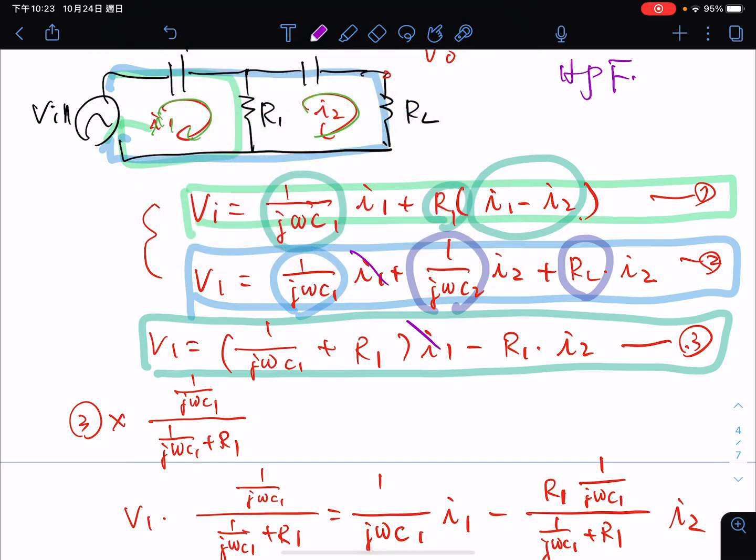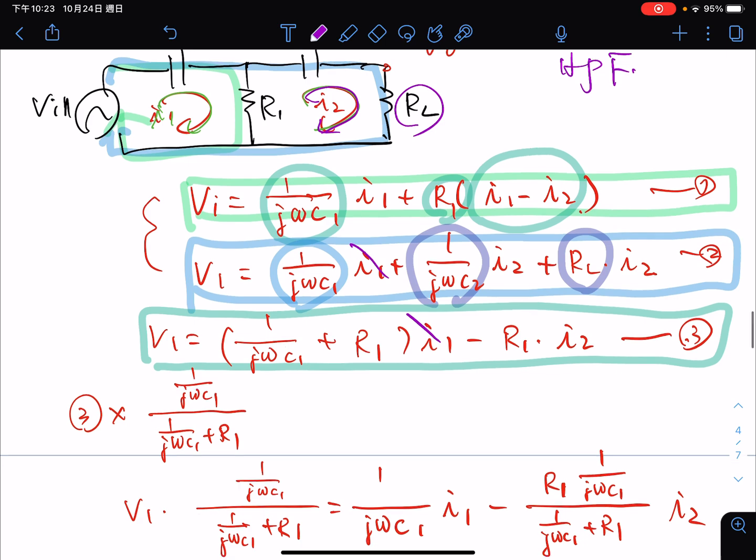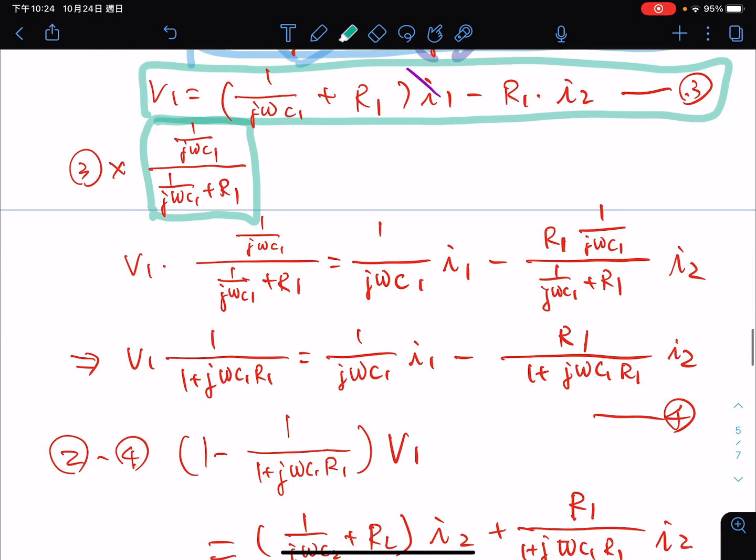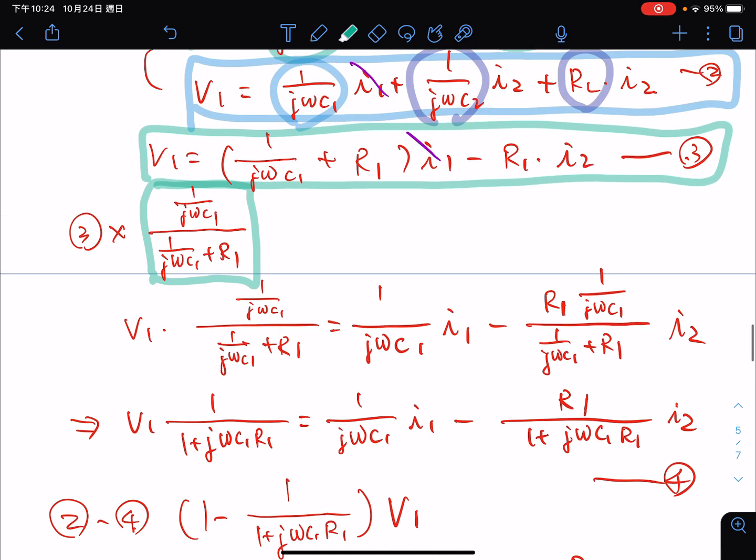Because all I need is I2 multiplied by RL. So I try to eliminate I1. So I multiply the third equation by this one. And the result will be this one.